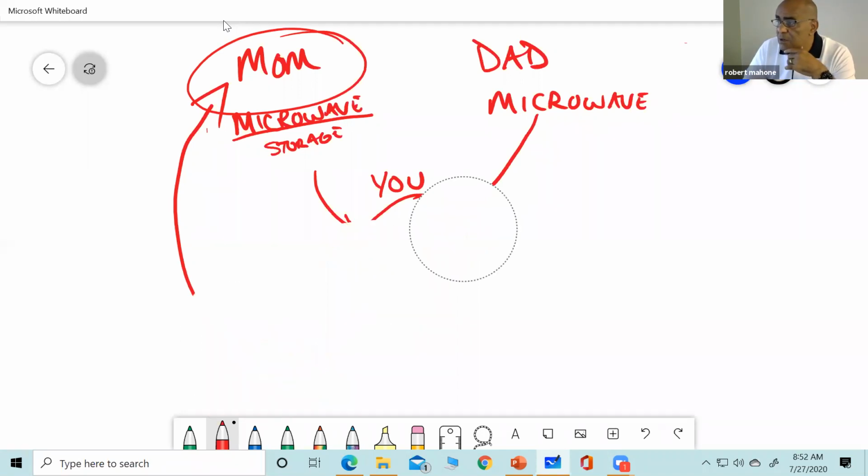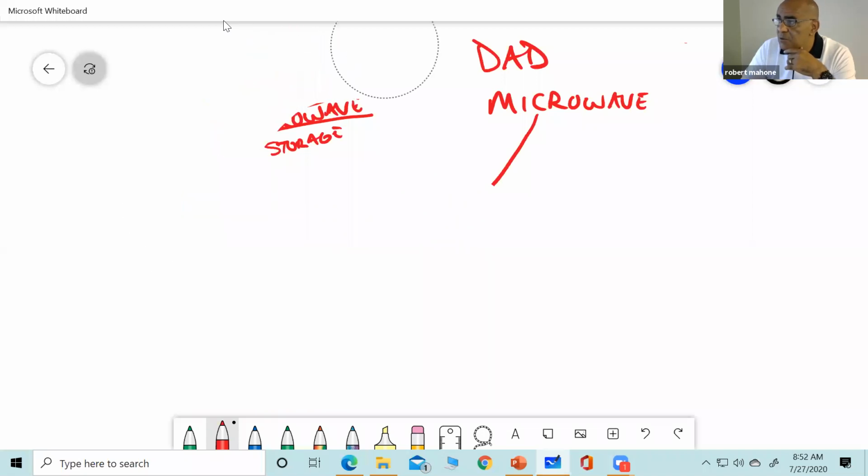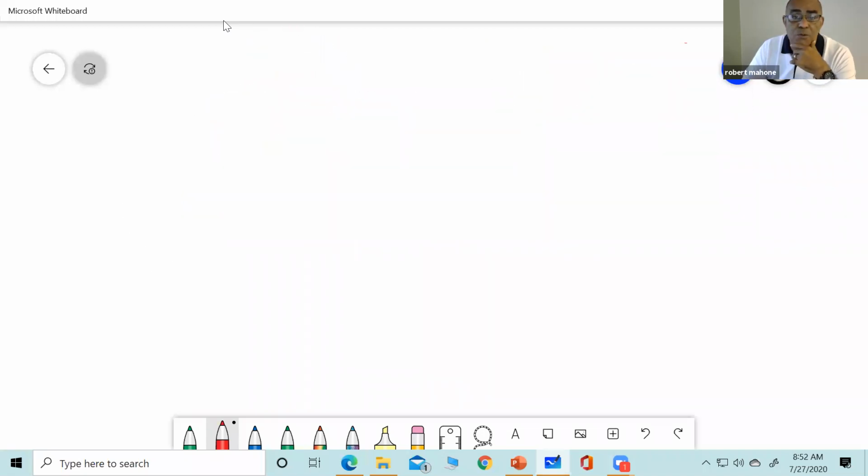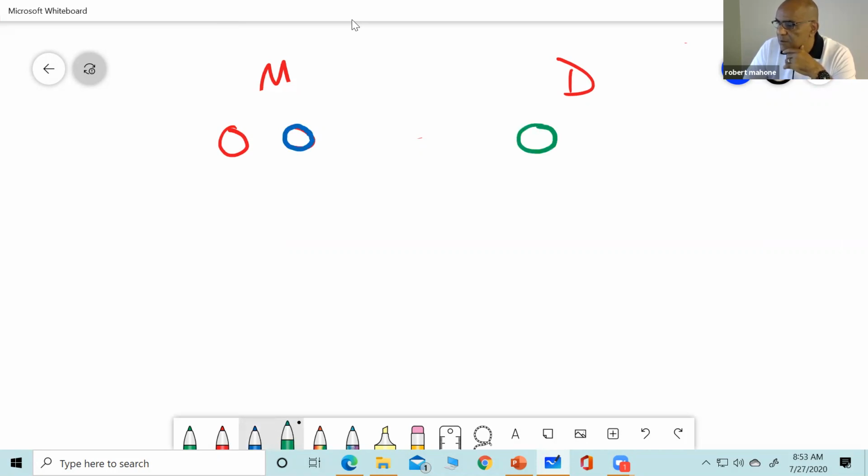So these are genes or chromosomes that we inherit two of. So remember that mom has a chromosome for eye color, and so does dad. Now remember, or let me rephrase that. Mom had two parents too, didn't she? So mom has two genes for eye color, and dad also has two genes for eye color.